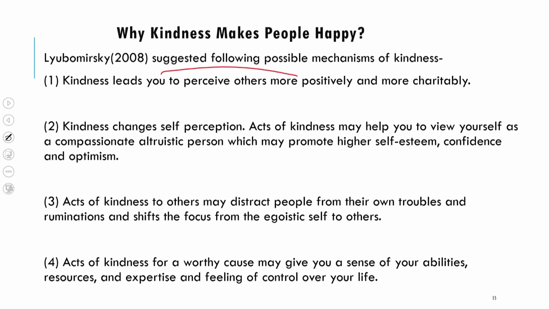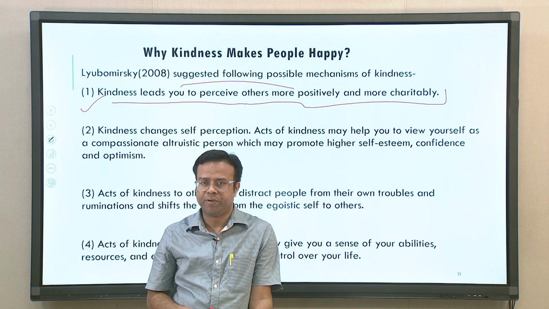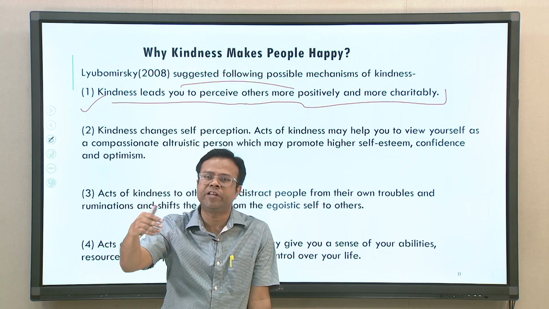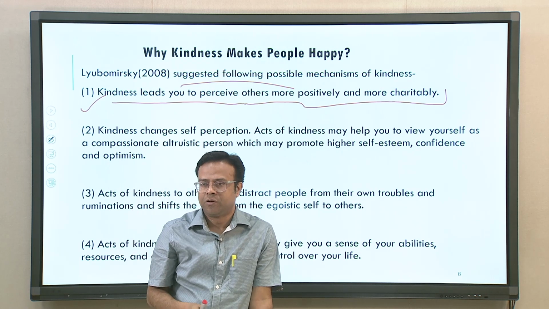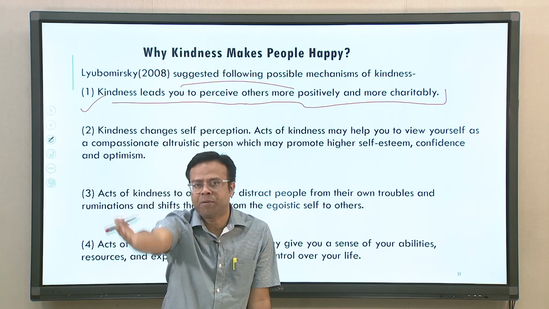One possible mechanism is that kindness leads you to perceive others more positively and more charitably. When you perform some kind action, one reason is that you start perceiving others positively and more charitably, because without looking at others positively you cannot do kind actions. Why do you help someone? Because you have some positive perceptions about other people.